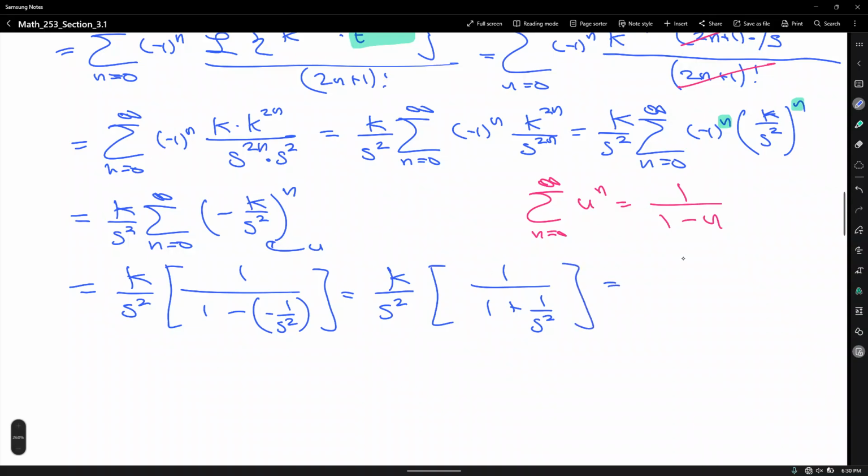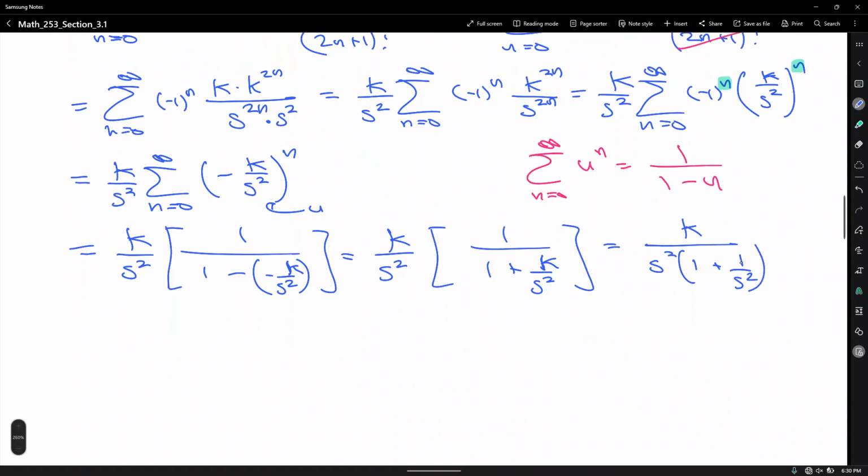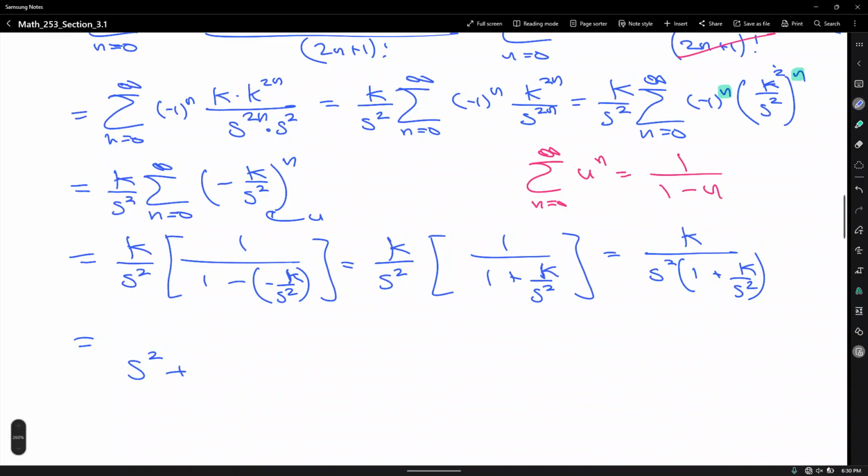This is 1 times k, which is k, divided by s squared times 1 plus 1 over s squared. Wait, this one's supposed to have a k here, right? Forgot the k. And s squared times 1 is s squared, plus s squared divides out here, and that was supposed to be a squared here. Shoot. But you got this, right? s squared plus k squared.